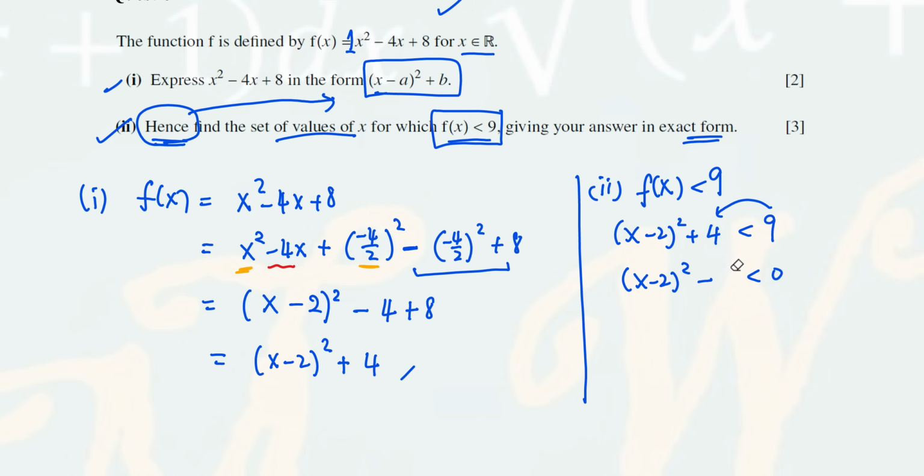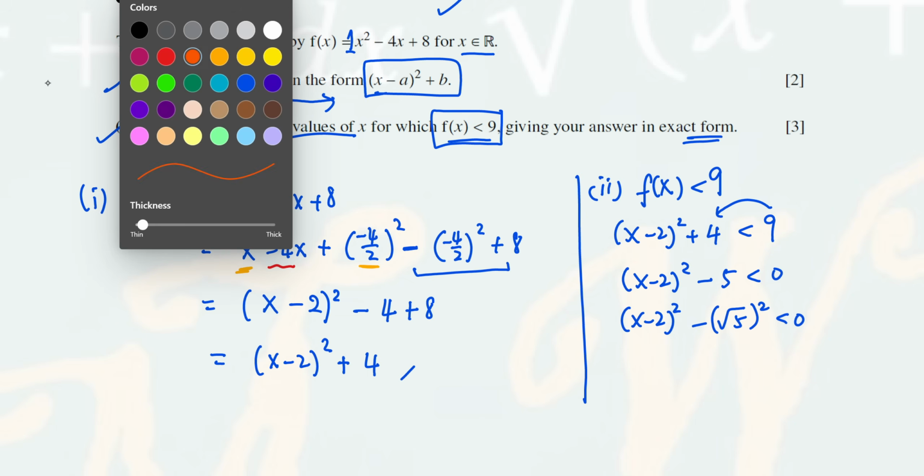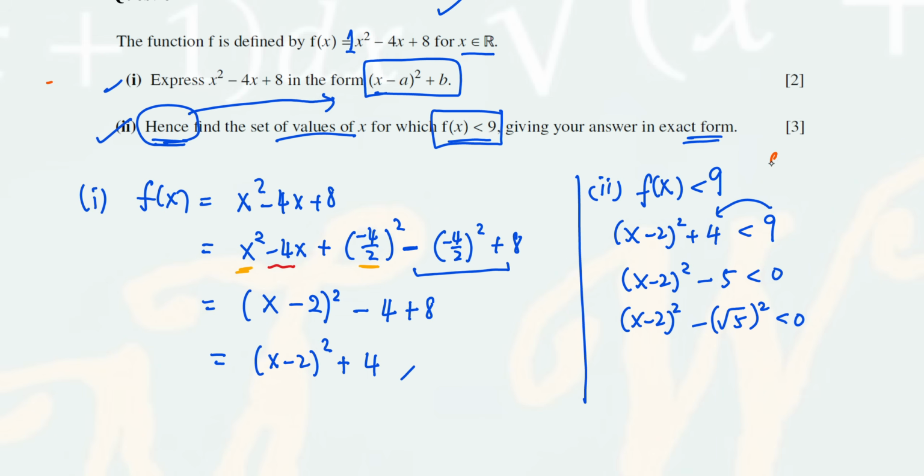Okay, and then instead of writing the minus 5, I will express this as the square of a number, which is the square of square root 5. After that, I will apply another formula, that is a squared minus b squared. You will be getting (a minus b) times (a plus b) to get two factors, because we need to solve the inequality now.